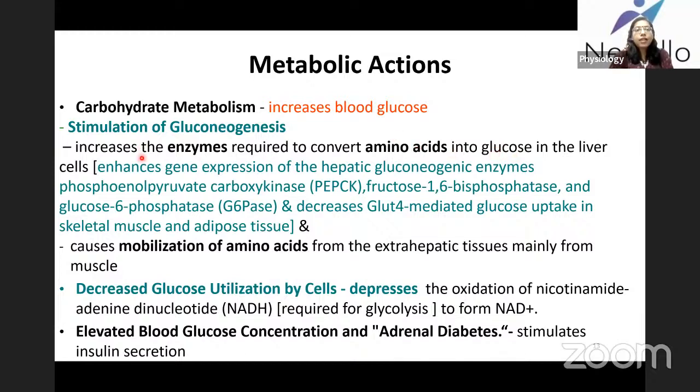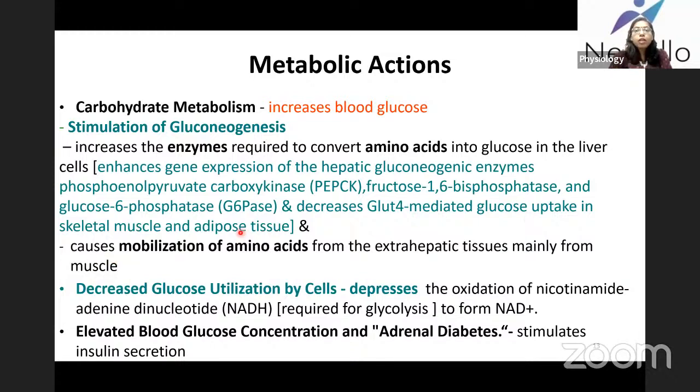For example, it enhances the gene expression of hepatic gluconeogenic enzymes: phosphoenolpyruvate carboxykinase, fructose 1,6-bisphosphatase, and glucose 6-phosphatase, and decreases GLUT4 mediated glucose uptake in skeletal muscle and adipose tissue.